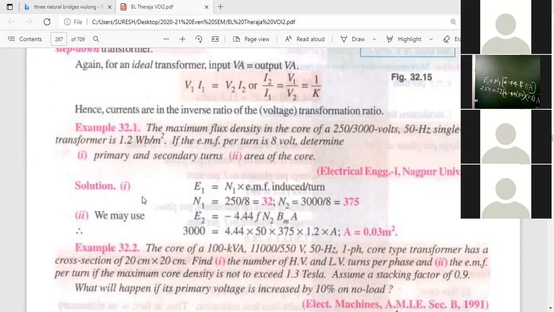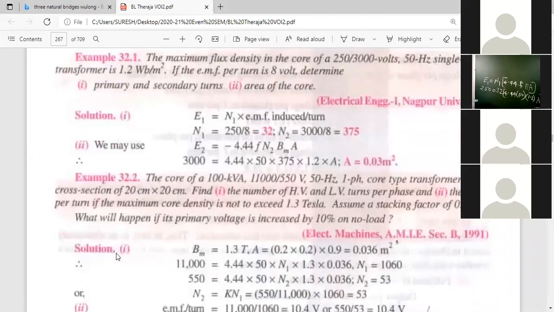Now come to the second problem. Take down the second problem.